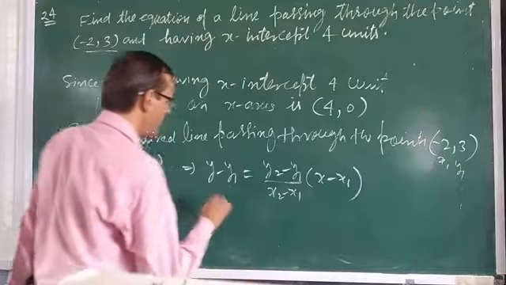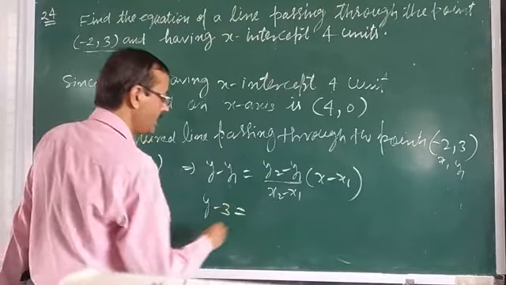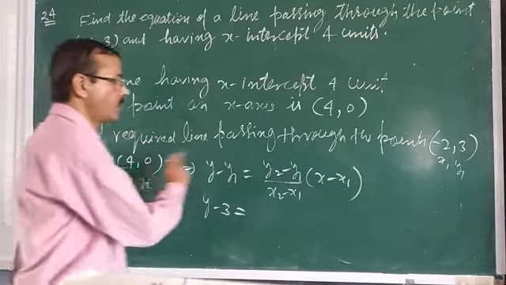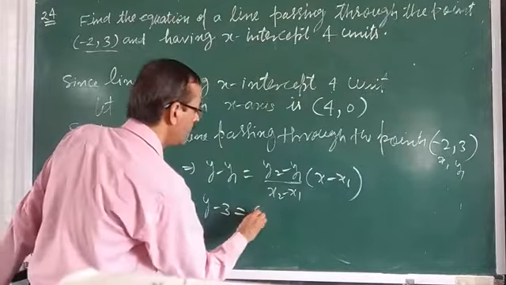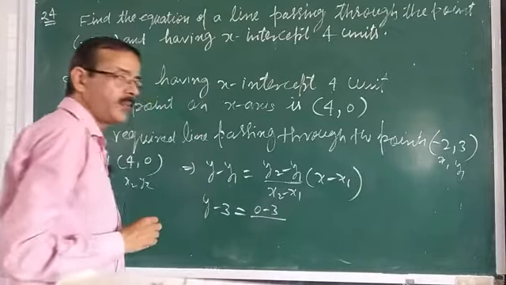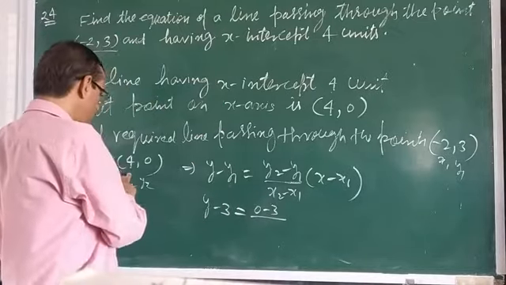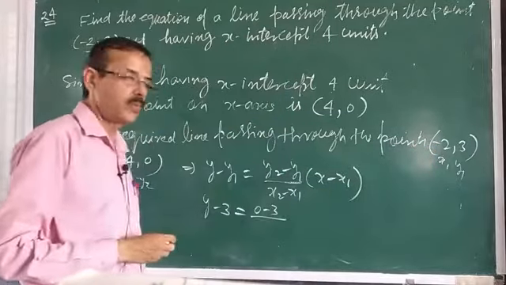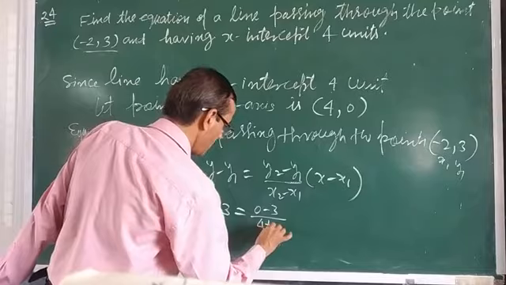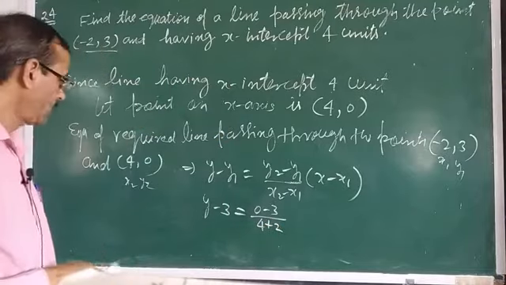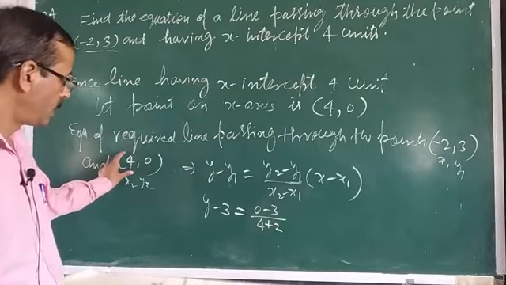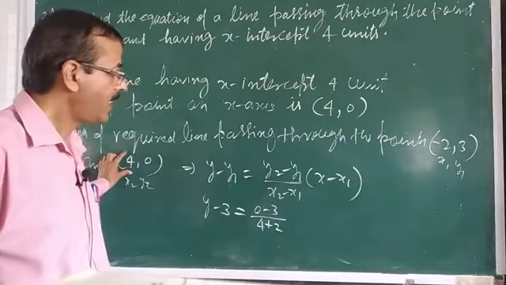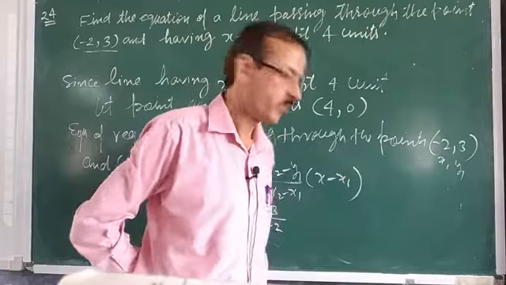y1 is 3, so y minus 3 is equal to y2 minus y1, 0 minus 3, upon x2 minus x1, 4 minus minus 2, that is plus.